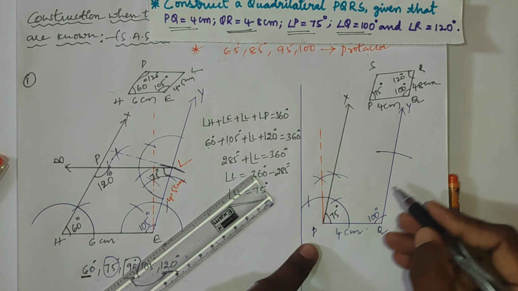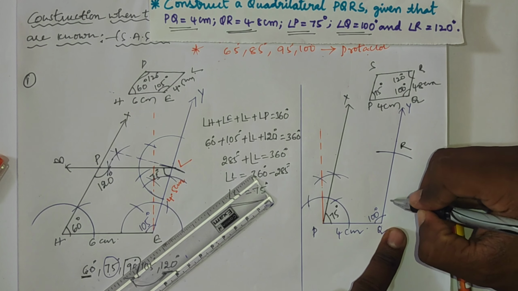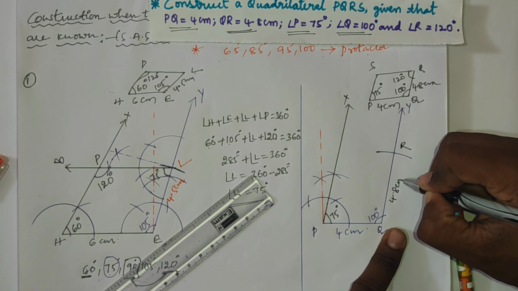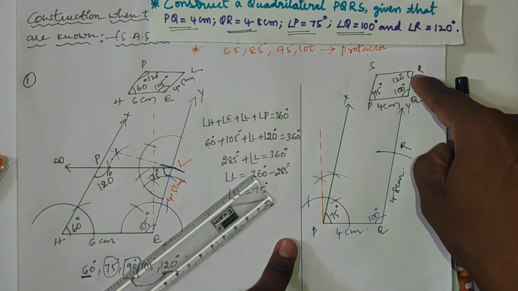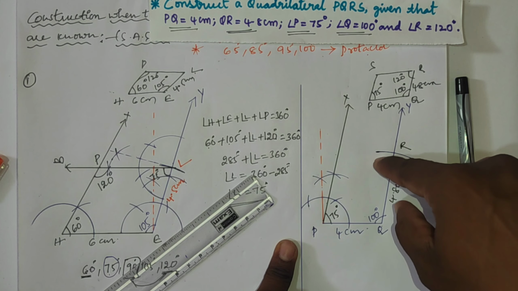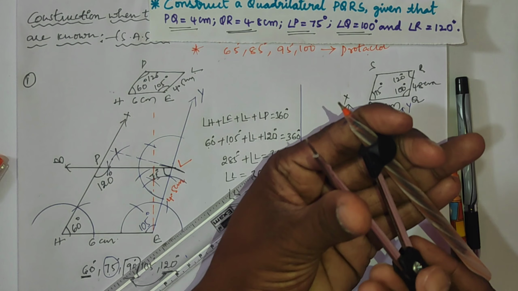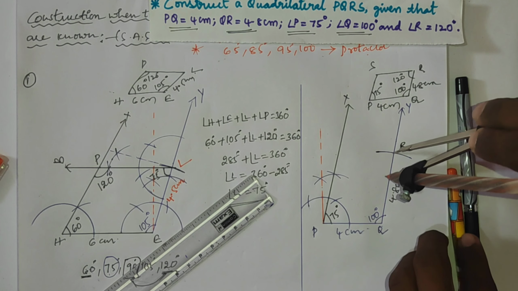Yes, we got the intersecting point. This is R. The length is 4.8 centimeters. Okay. And next, what is given? Angle R is given as how much here? 120 degrees. We have to construct 120 degrees now. Taking R as the center, drawing an arc.